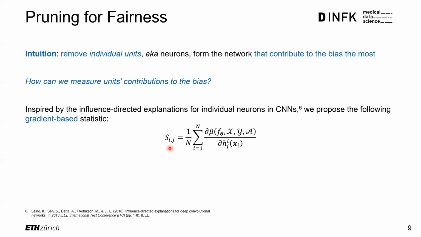This statistic for unit j in layer l essentially boils down to taking the partial derivative of the differentiable bias proxy with respect to the activation within that unit. This partial derivative has to be averaged across the data set. It can also be averaged across the mini batch if the memory complexity is the constraint.